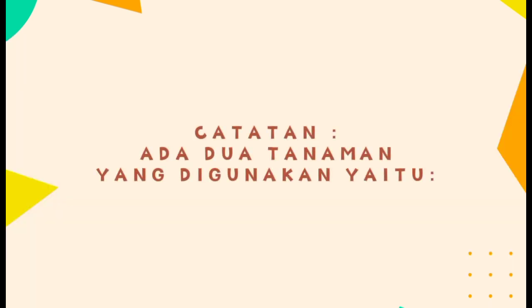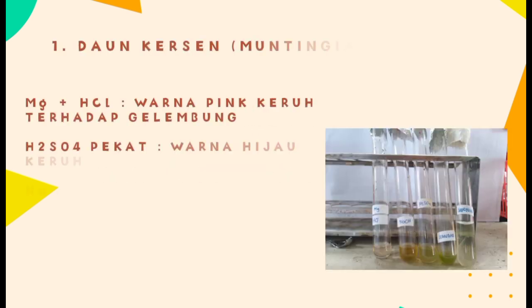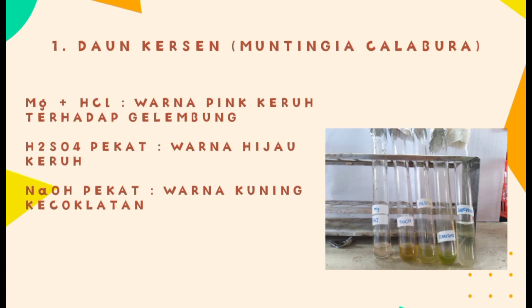In this flavonoid test, 2 plants were used, namely the first, cherry leaves with the Latin name Muntingia calabura. In the first extract, the cherry leaves change color to a deep pink, and there are bubbles. In the second extract, the cherry leaves change color to a cloudy green, and for the third extract, the cherry leaves change color to a brownish yellow.